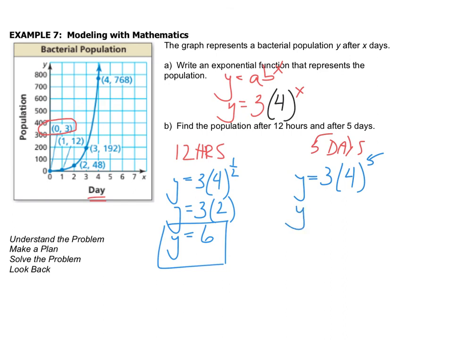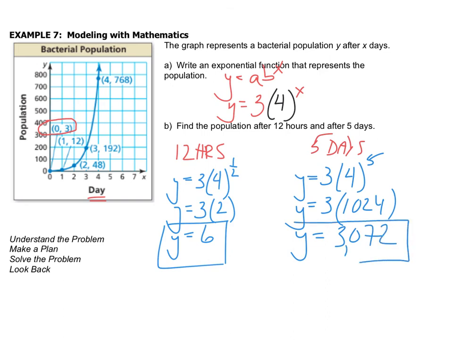And then 4 to the 5th power will give me 1024. And then times the 3 gives me 3072. So after 5 days, that would be the population of the bacteria.